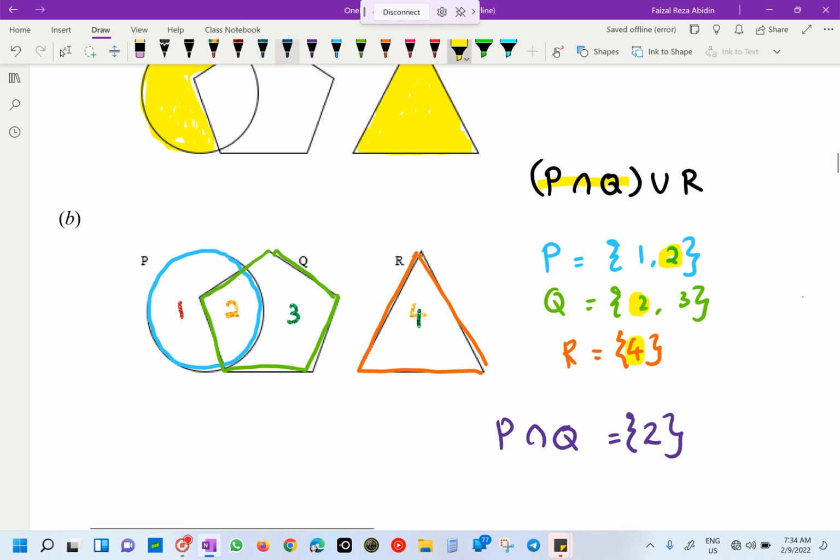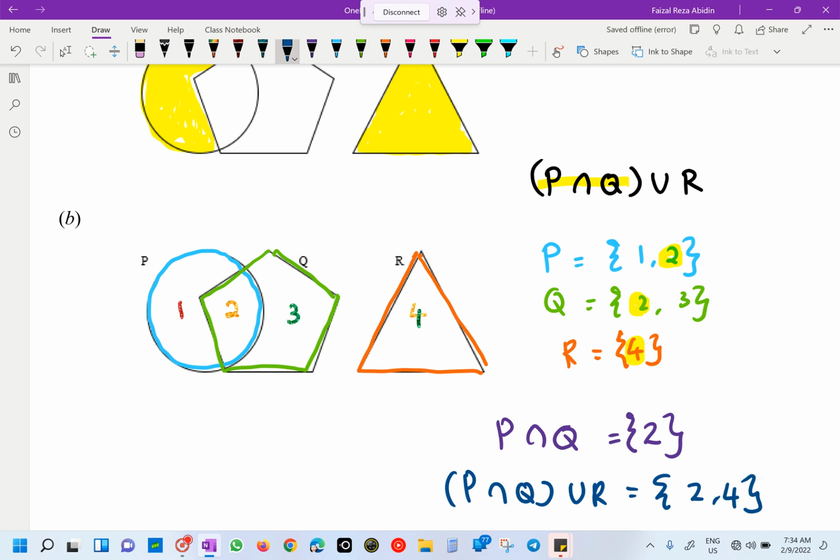So P intersect Q, and then union with R, we will get 2 and 4. So we are going to shade the area of 2 here, and also 4 here.